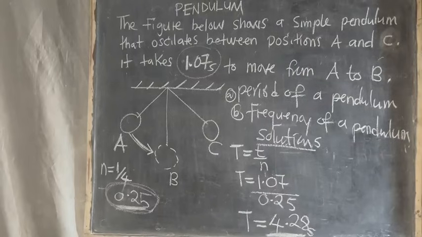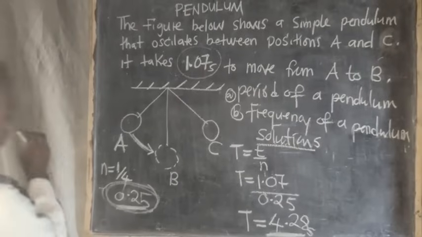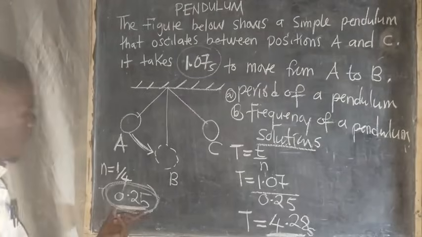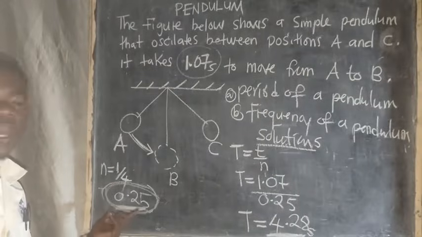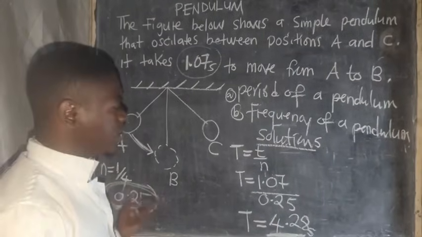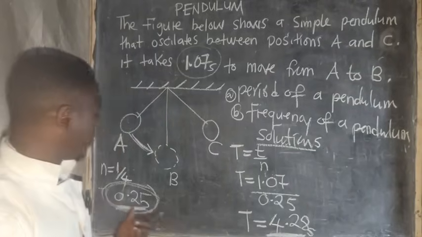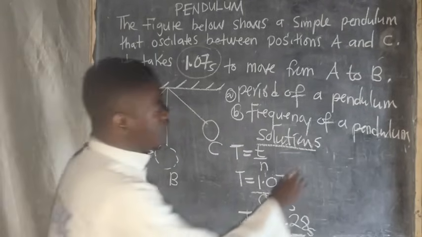I've told you that the major thing here is knowing the value of N. You need to know the value that is here. This is the most important thing that you need to know. So let's make sure that we know how to find this. We go to frequency.